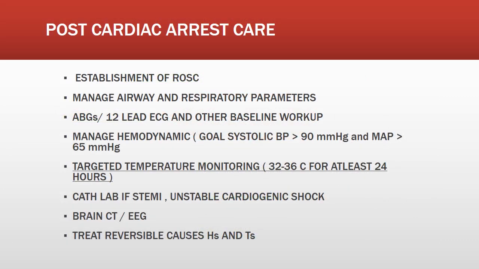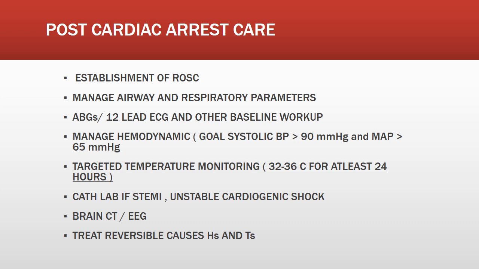What is the post cardiac arrest care? So once there is return of spontaneous circulation and your patient is optimized, you need to assess the pulse rate as well as blood pressure. These are very important. After the achievement of ROSC, you will manage the airway properly and set the respiratory parameters.